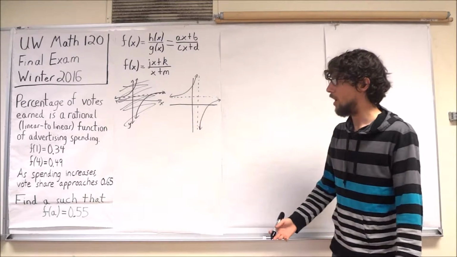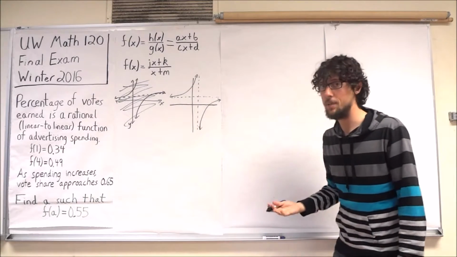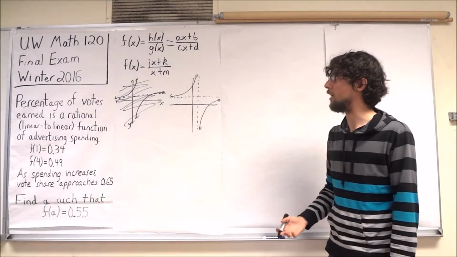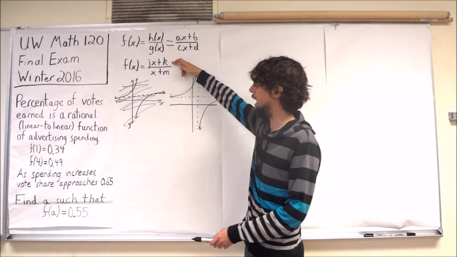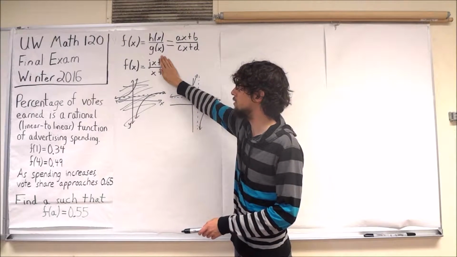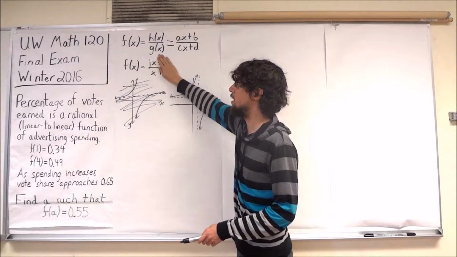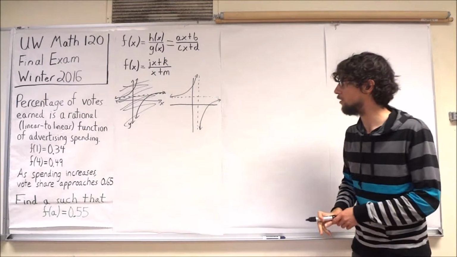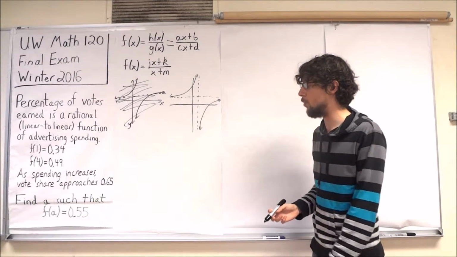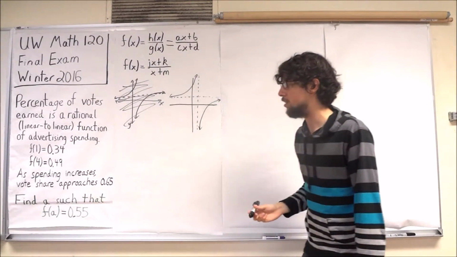So if we imagine x as a very, very large number, we can see that the value of f of x will simply be j. The k and m are insignificant, the x's essentially cancel, and we're left with j. So since we know that Frank's vote share will approach 65%, we know this value of j to be 0.65.